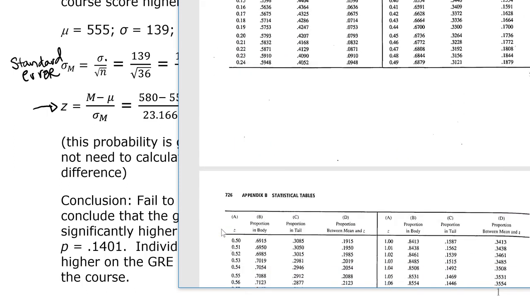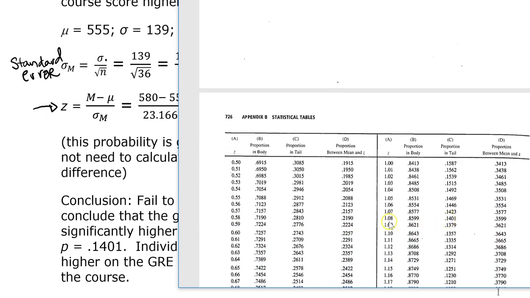So let's go ahead and scroll over to, yep, there it is. So 1.08 is right here, right? And our probability in the tail is 0.1401. Okay, does everyone see that? 1.08 is the Z statistic in column C in the tail, which gives us the probability or the area in the tail of 0.1401.